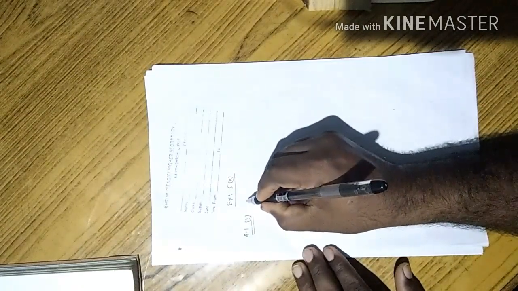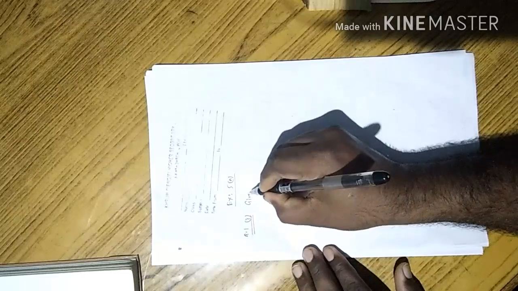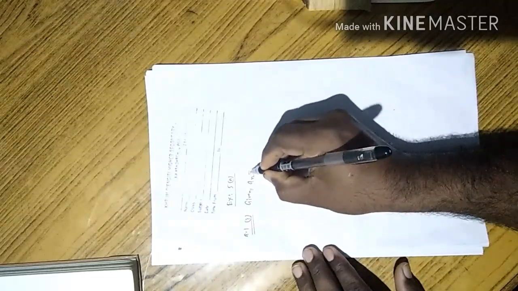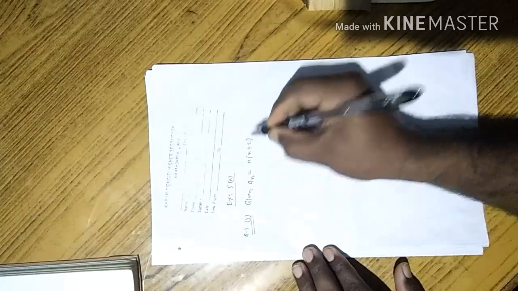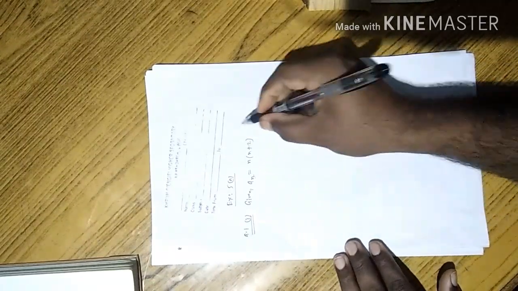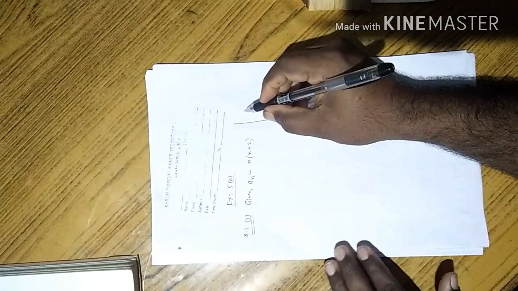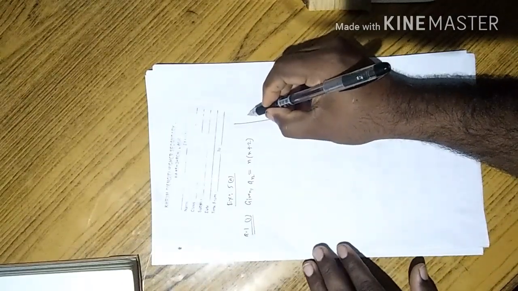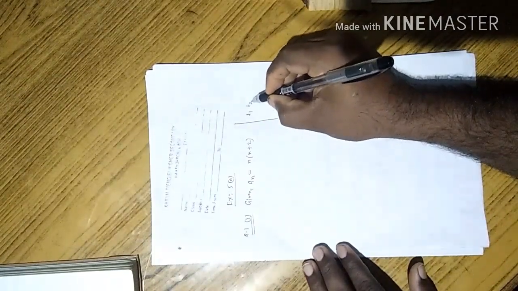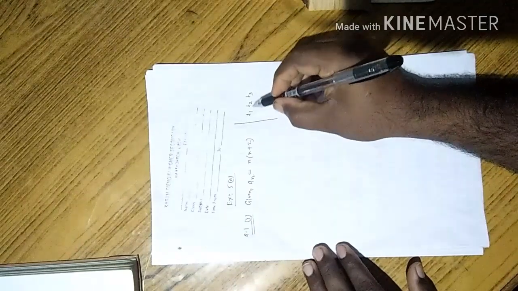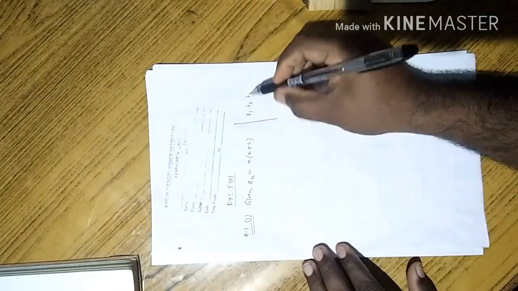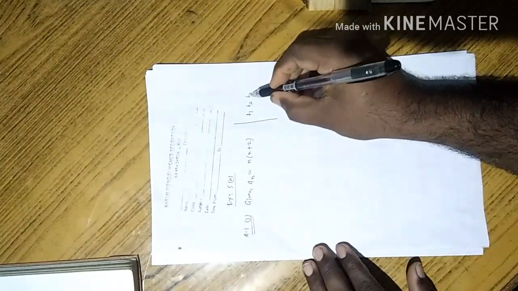In your question it is given a n is equal to n plus 2. First 3 means start from the first: term number 1, term number 2, term number 3.